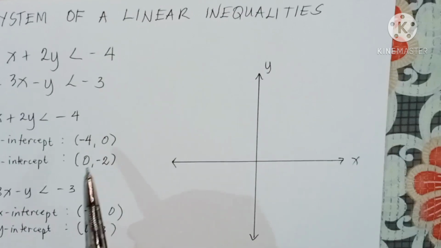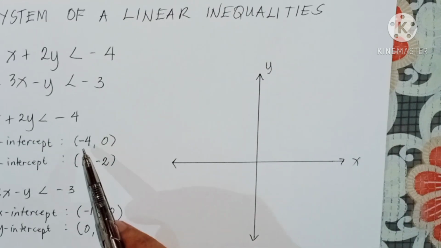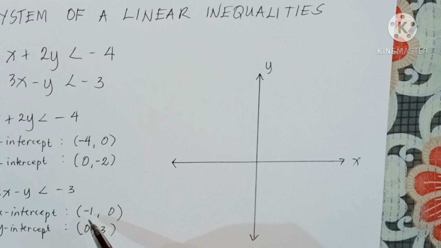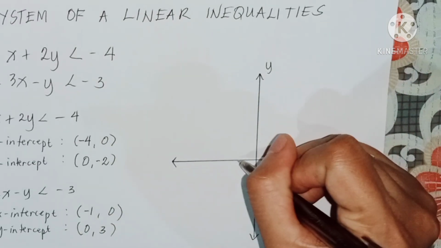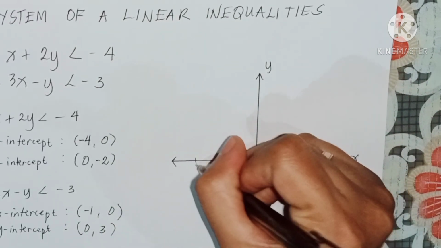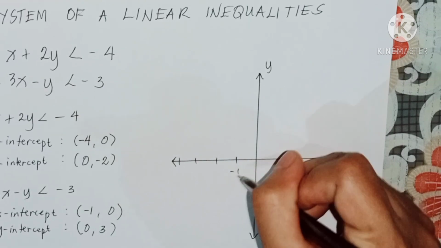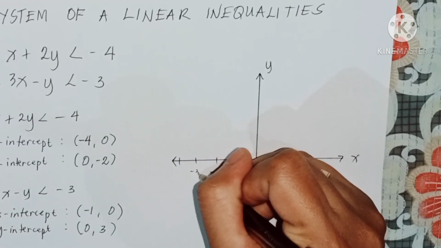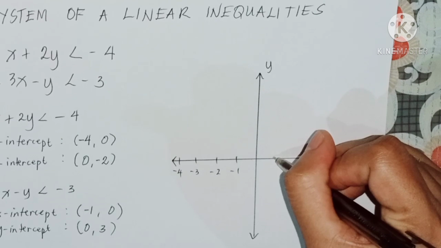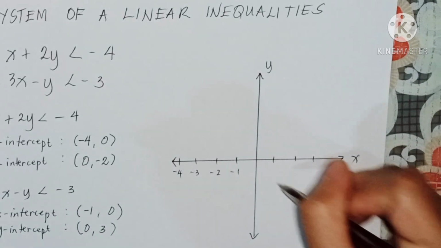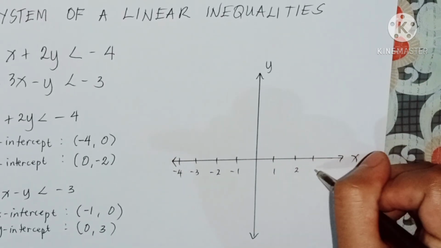For the x-axis, we have -4 and -1. So 1, 2, 3, 4, then -1, -2, -3, and -4. And this time we have positive 1, 2, and 3.